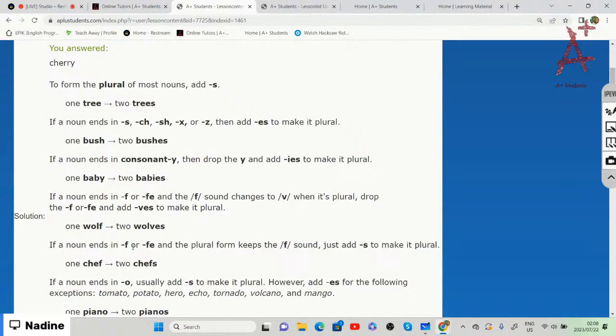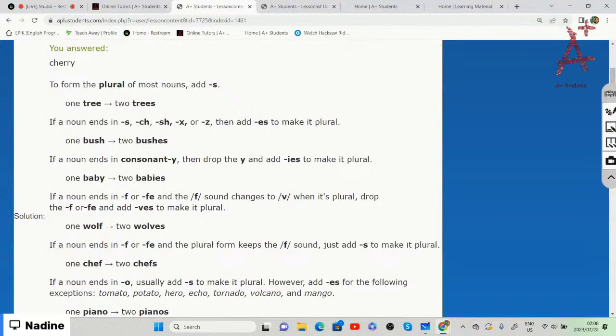If your noun ends in an s, a ch, a sh, an x, or it ends in a z, then we add es to make it plural. So, say for example, bush, which is also given to us.